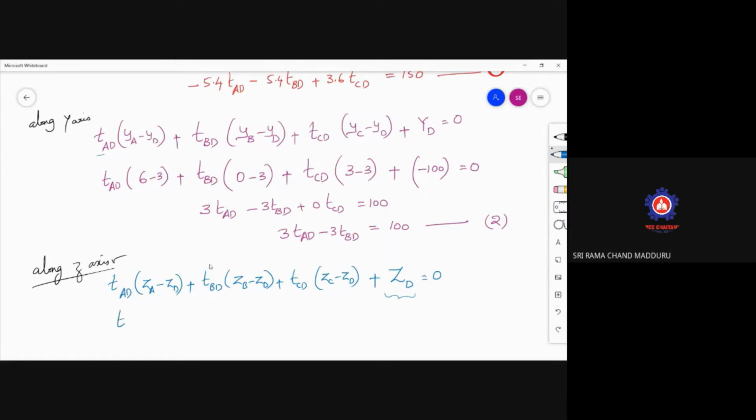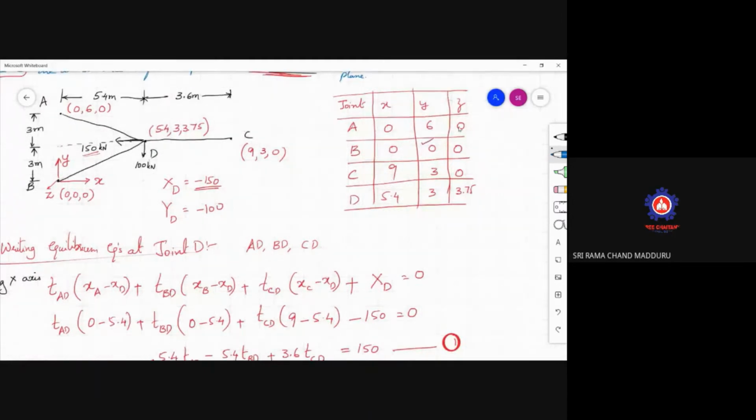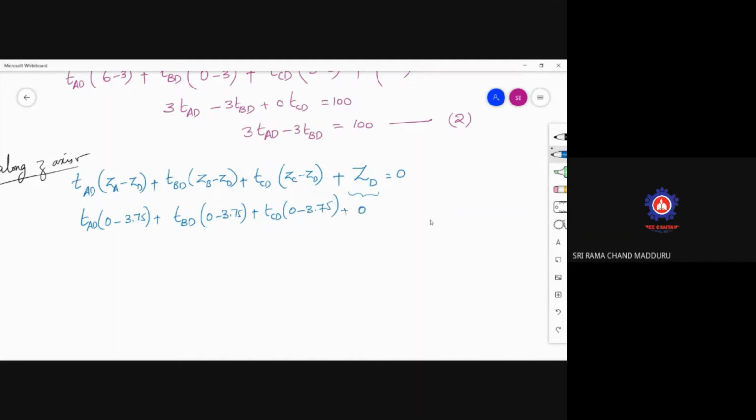Now for ZA, ZB and ZC the values are 0, and only ZD is 3.75. So 0 minus 3.75 plus TBD into (0 minus 3.75) plus TCD into (0 minus 3.75) plus 0 is equal to 0.